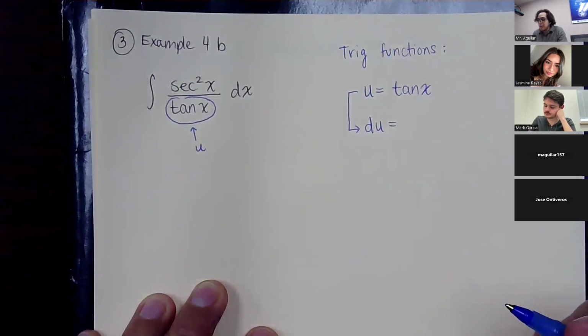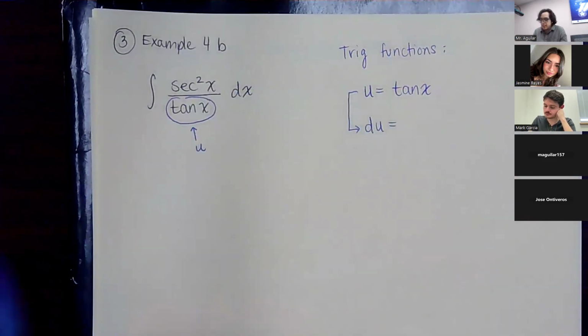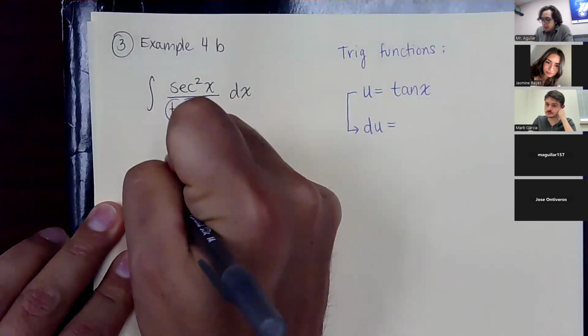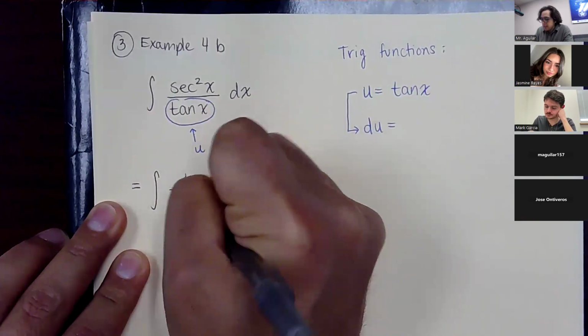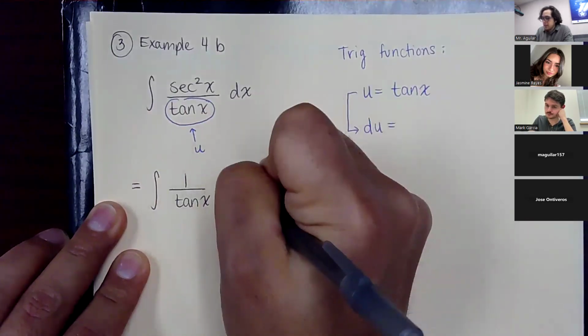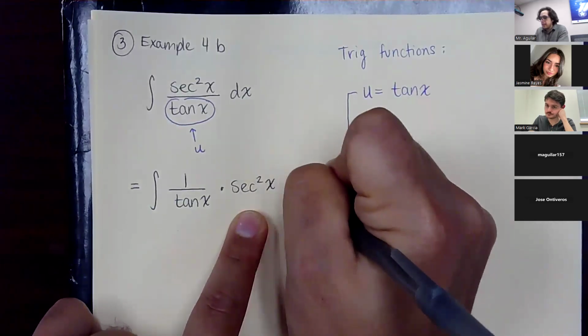Right. And that's exactly what we wanted, because this integral could be rewritten, and if you needed to do this, you can write 1 over tangent x times secant squared x, where we're just putting that on the side, dx.